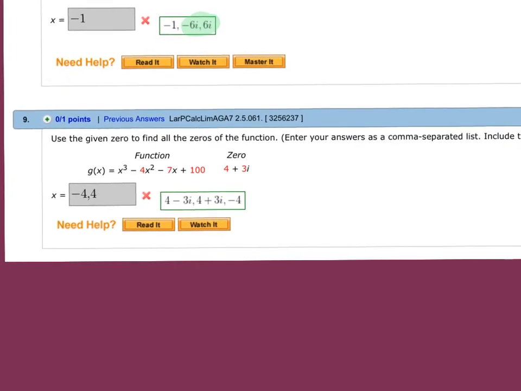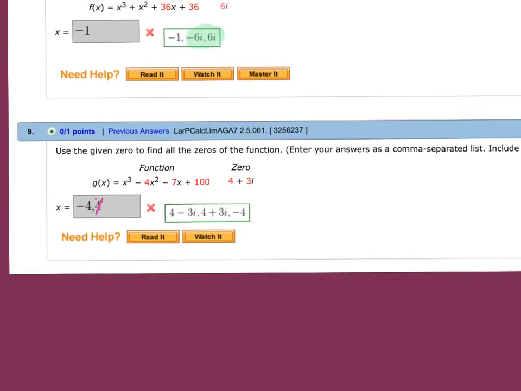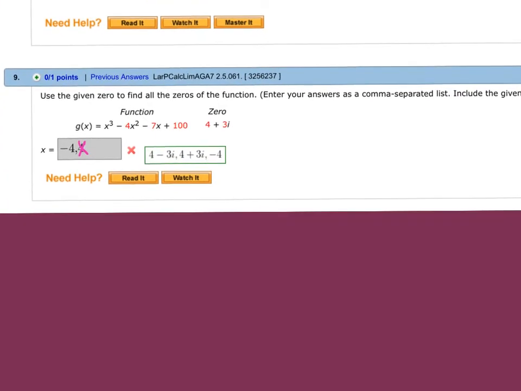And then number 9, I don't know where the positive 4 came from. You should have done what we just did with the x minus 4 minus 3i and x minus 4 plus 3i. Foil that out.